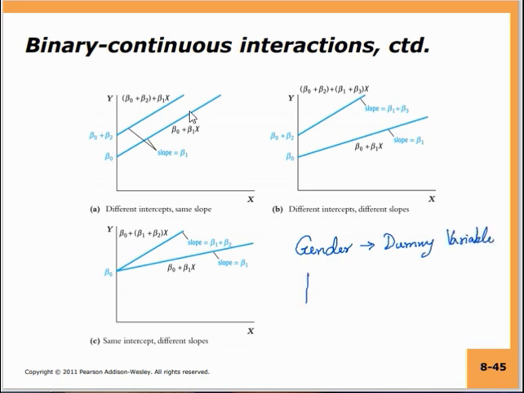So if you look at income and if you look at education, education is your continuous variable and you are looking at two different groups.